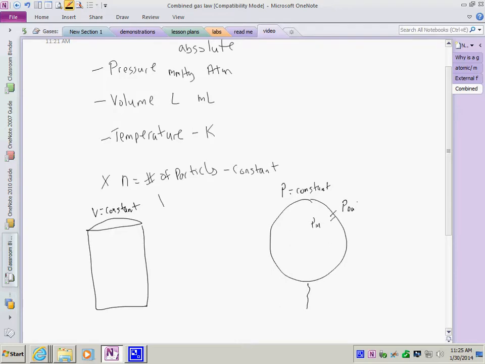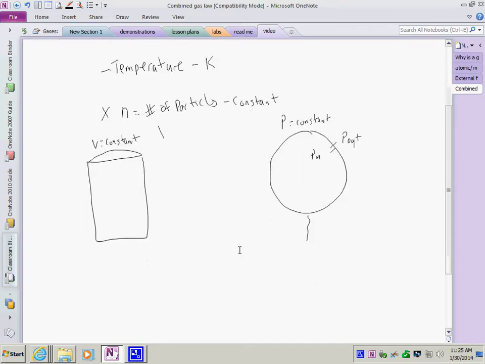This was outlined in a previous video, but we'll look at some of the mathematics here as we move along. For a rigid container, you should understand that there are particles bouncing off the walls inside. Every time a particle hits the wall, it creates an impact, which creates a force on the outside of the wall.